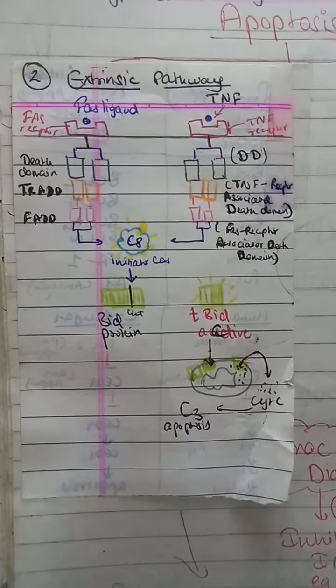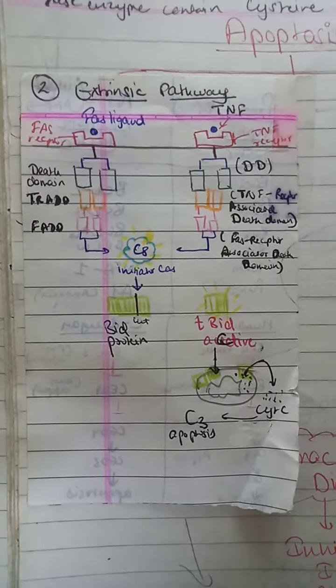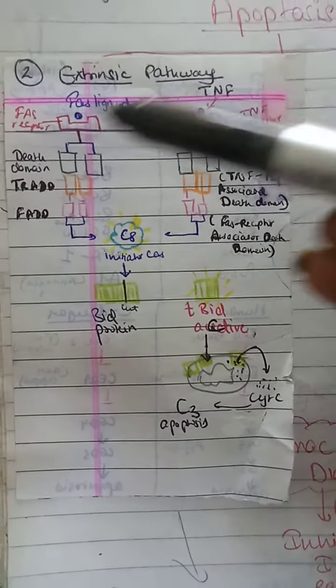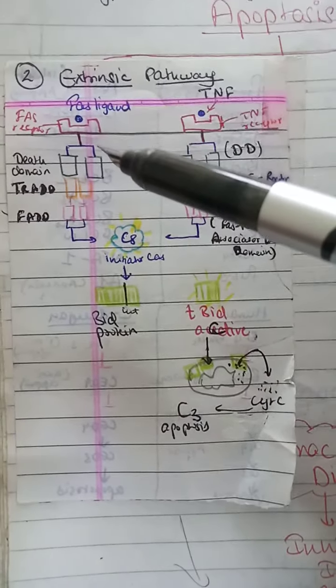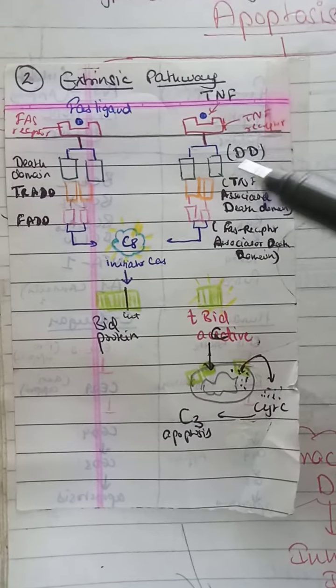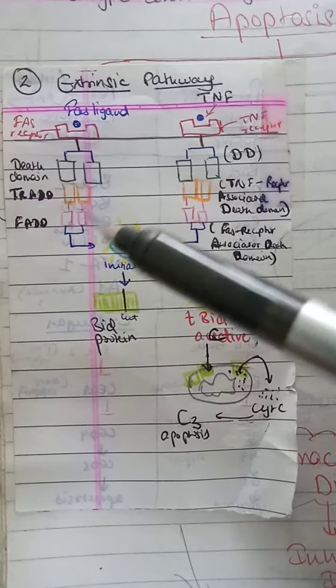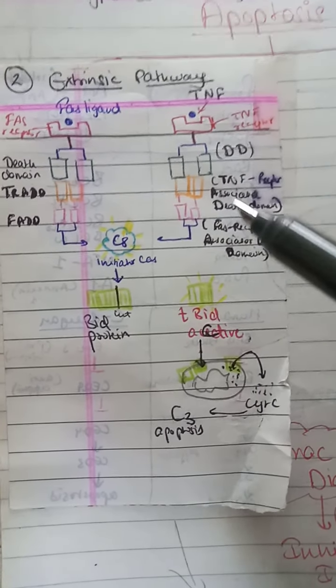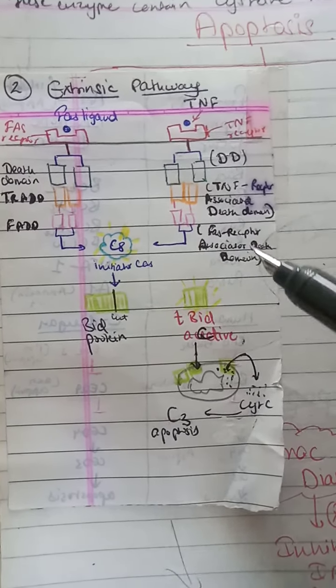The FAS receptor is a type 2 transmembrane protein, and it belongs to the tumor necrosis factor family. So there is a receptor on the cell, and the ligand is going to bind, and there is the presence of a death domain. Death domains activate, similar to the TNF receptor, two others: TRADD, the TNF receptor associated death domain, and FADD, the FAS associated death domain.